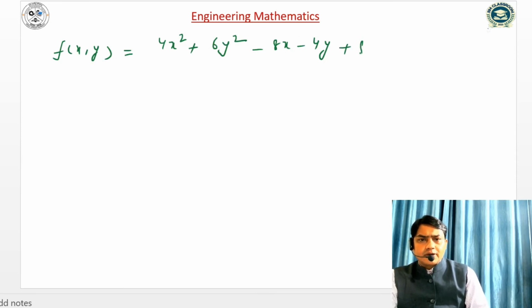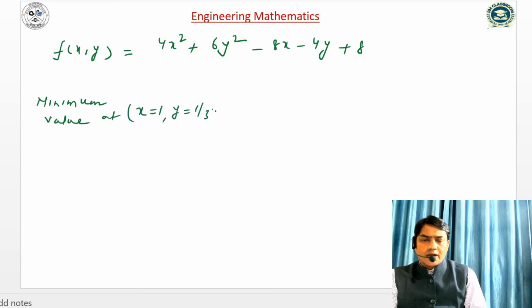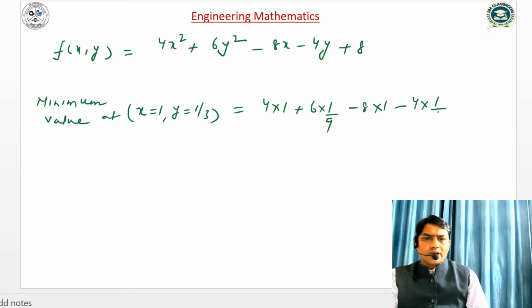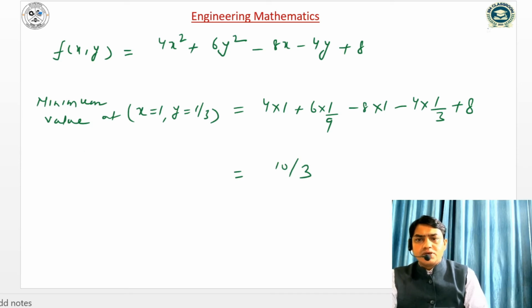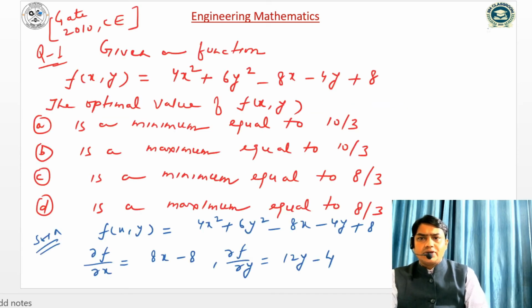The minimum value at x equal to 1, y equal to 1 by 3 is 4 into 1 plus 6 into 1 by 9 minus 8 into 1 minus 4 into 1 by 3 plus 8. So it will be 10 by 3. So the function attains a minimum value equal to 10 by 3. If I see the options, option A is correct.